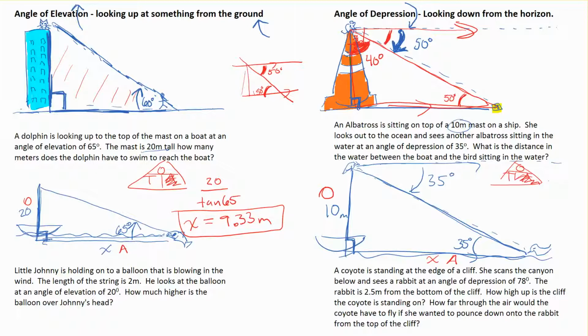So here, my opposite is going to be 10 divided by tangent of 35. 10 divided by tan 35. And you get 14.28 meters. So the bird in the water is 14.28 meters away from the boat.